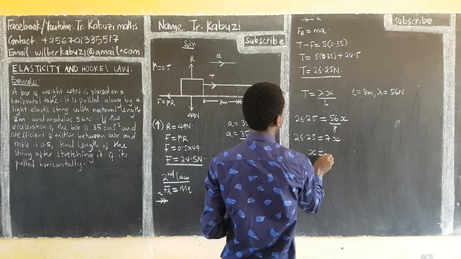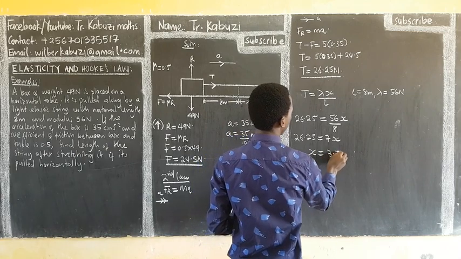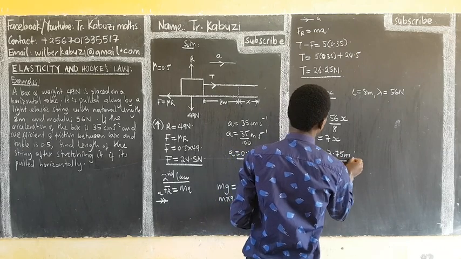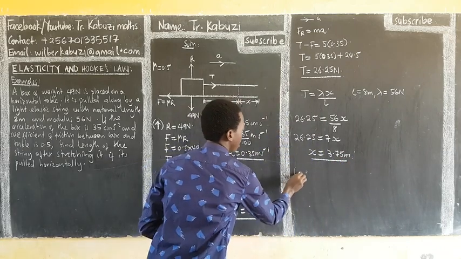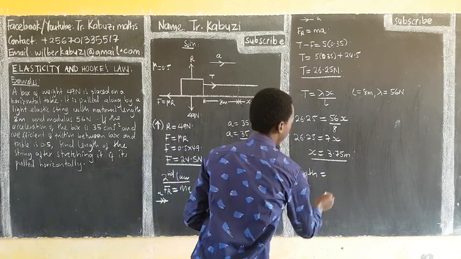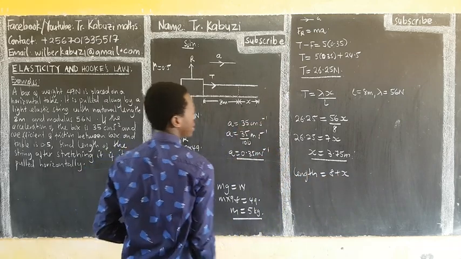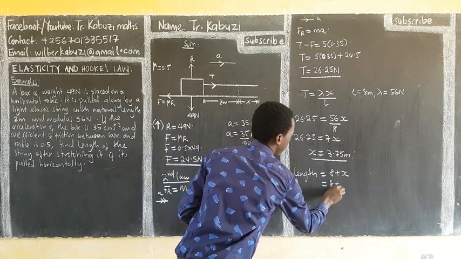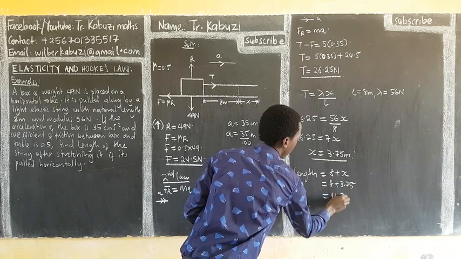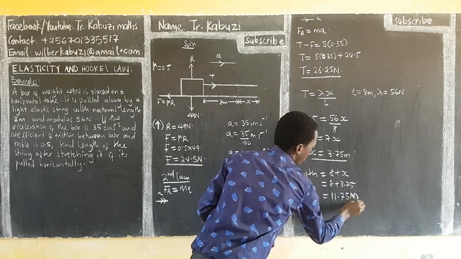And if we divide there, we get x equals 3.75 meters. So the length will be, we are not going to have 8 plus x, we add this plus this, which gives us 8 plus 3.75, which gives us 11.75 meters.